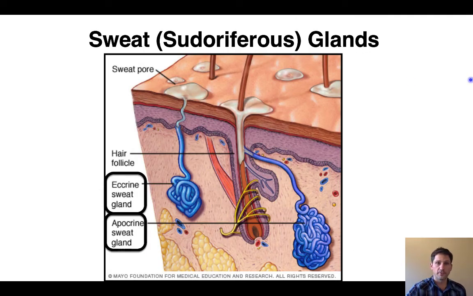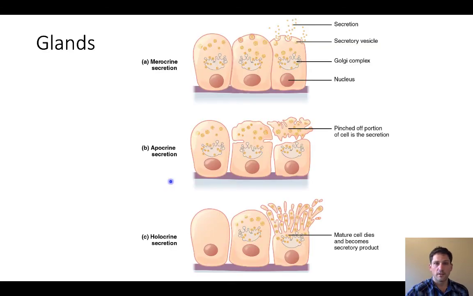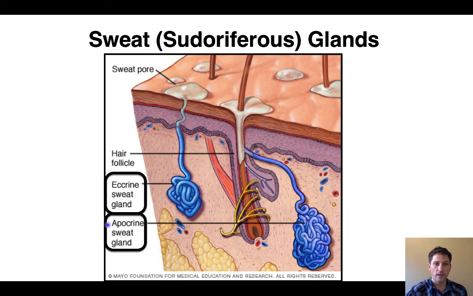So our different types of sweat glands, we have our eccrine sweat gland, and these have ducts that are going to release the water to the surface of our skin. That water is going to evaporate, and that's going to cool our skin down. And that is then, if you remember, our merocrine secretion. But if we look at our apocrine sweat glands, generally those apocrine sweat glands are associated with a hair follicle as well.